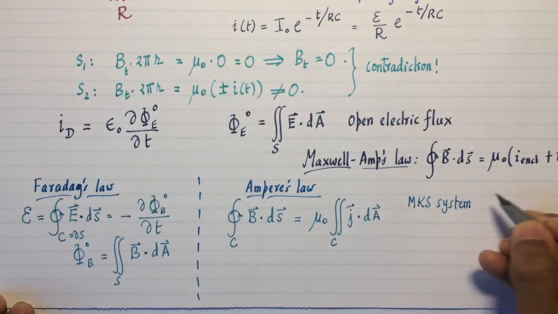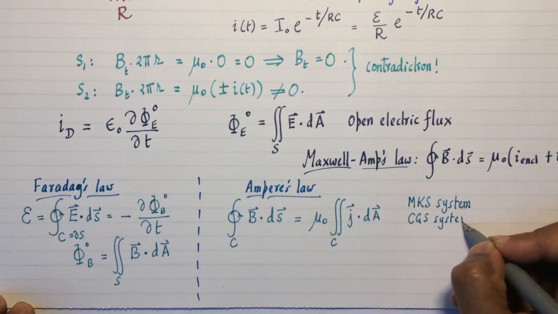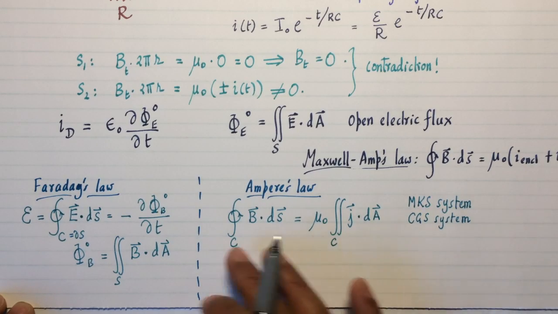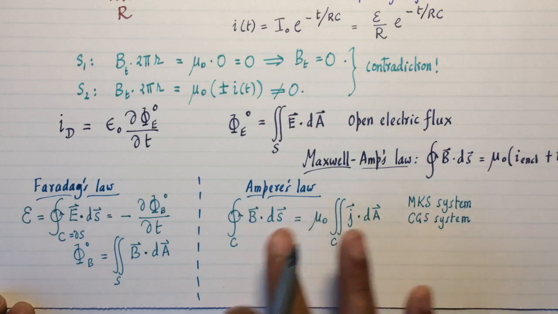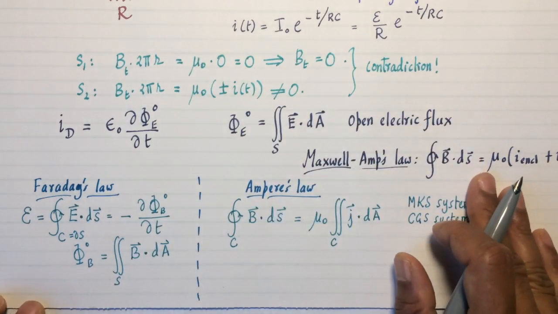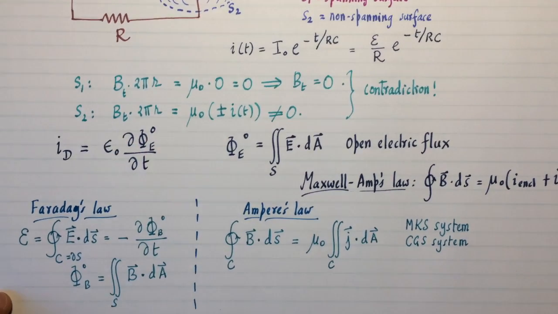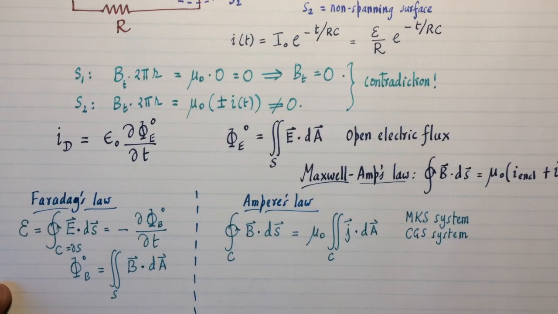The other unit system used at that time was called the CGS system. In these systems of units, you don't get these factors of epsilon naught or mu naught. You just get something like this, and there's nothing else except J. And when you define the displacement current, you don't get that epsilon naught. So Maxwell did not even have all these funky units that you have from SI to distract you.